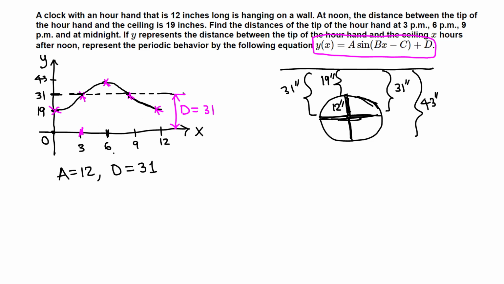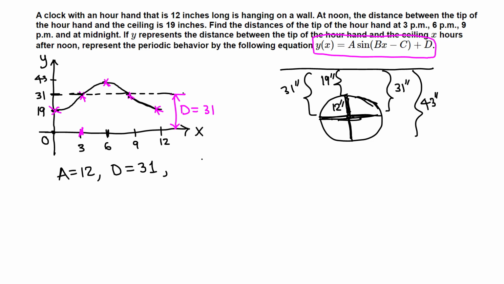Now we need to find the constants B and C. B is related to the period. Period means one complete cycle. It takes 12 hours to go from 19 all the way to 43 and back to 19 inches. Or you can see on this clock it is one circle in 12 hours.